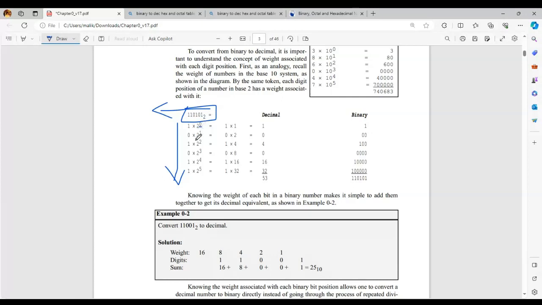Here it is 0, 1, and it increases till 5. Then these would be the outputs, and we add them all and get 53, which means the corresponding value of this binary number in decimal is 53.